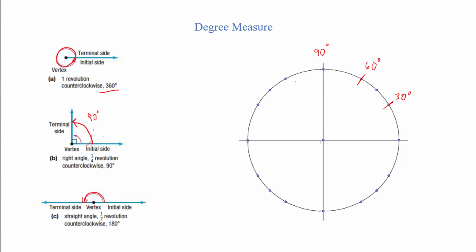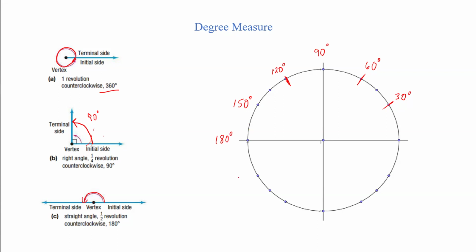I can basically just keep counting by 30s because I know 30 evenly divides 360. So after the 90, we're going to get 120 degrees, 150 degrees here, and then we add the 30 to that, and we should be at 180, which is where we are.